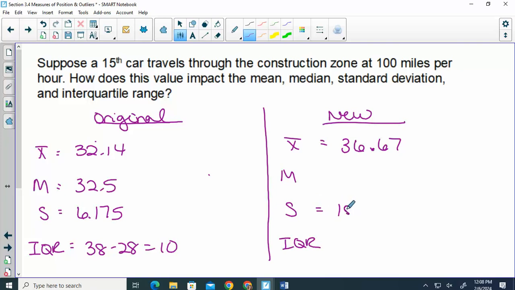Standard deviation, 18.504. Median is the same as quartile 2, which is 33. Interquartile range, quartile 3 minus quartile 1, and we get 11.